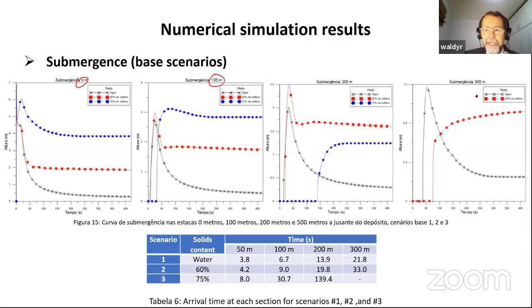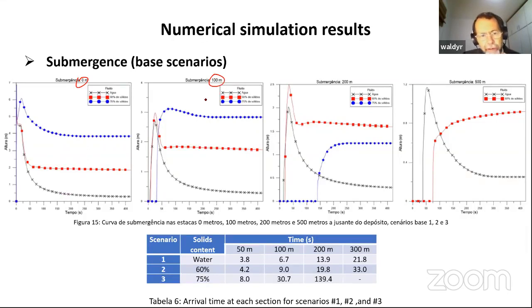Of course, we are talking about basic scenarios: water, 60% and 75%. So in all these situations, especially in these three, we have all materials passing through these sections. The first one is the submergence of 75%, and then this one is for 60%, and this is for the water.